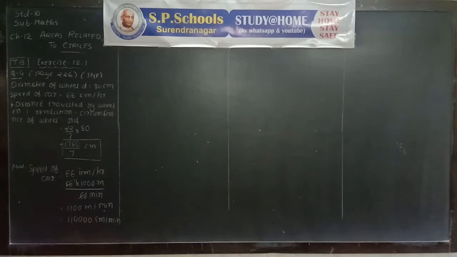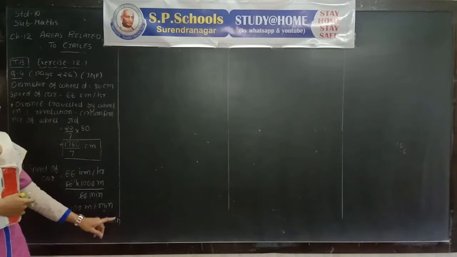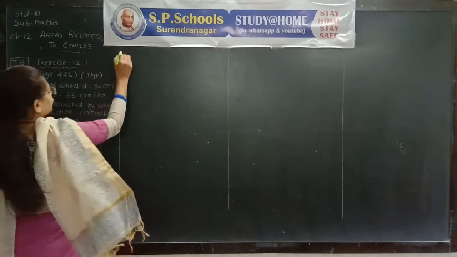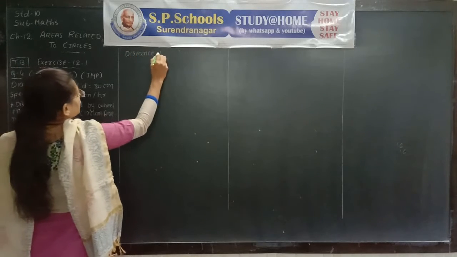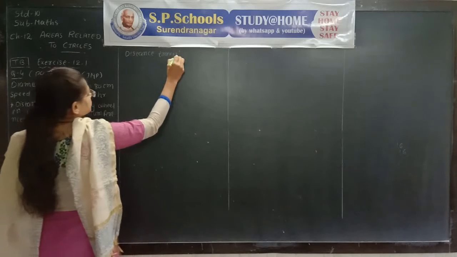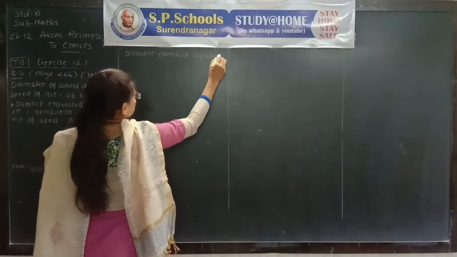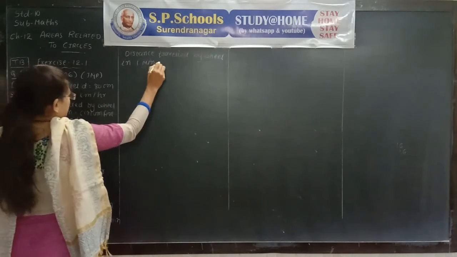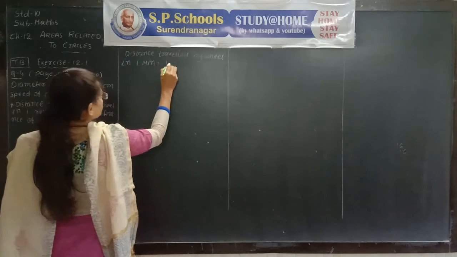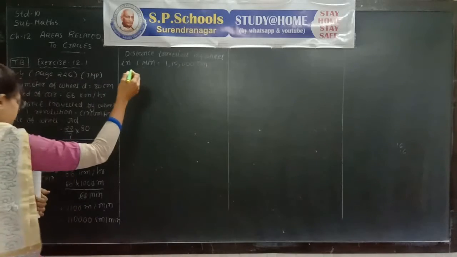The speed of the car says that 1,10,000 centimeter distance is covered by the wheel in 1 minute. Therefore, the distance traveled by the wheel in 1 minute is equal to 1,10,000 centimeter.